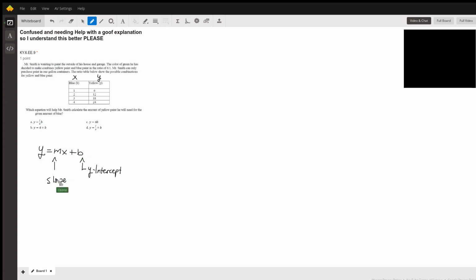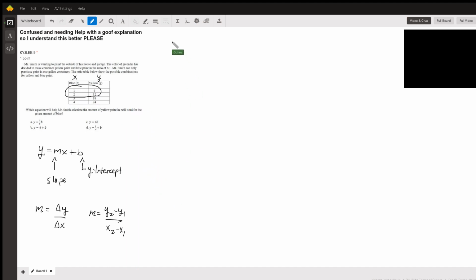All right, so first things first, we need to find the slope. You probably learned the slope equals the change in y over the change in x. Or another way of saying the same exact thing is m equals y2 minus y1 divided by x2 minus x1. In this case, I'm going to pick any 2 sets of information. I'm going to pick the first set, 1 and 6 and 2 and 12, and I'm going to write that as an ordered pair.